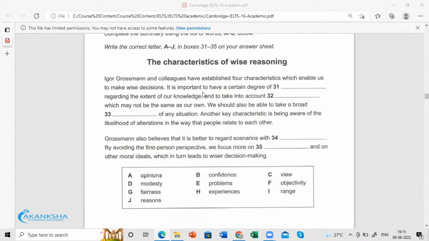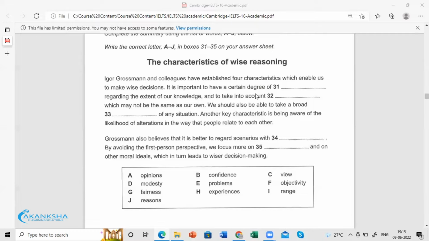First see this and then look at the word which is before the blank. So, certain degree of.